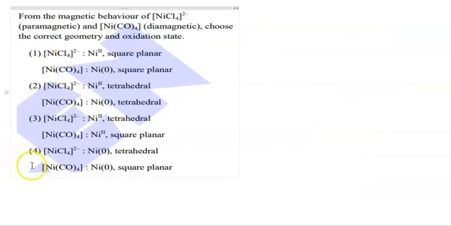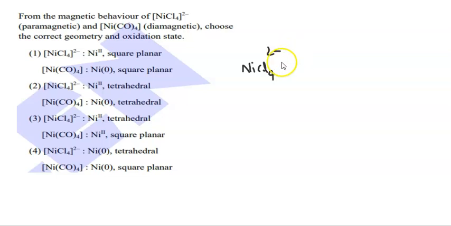From the magnetic behavior, NiCl4 2 minus is paramagnetic and Ni(CO)4 is diamagnetic. Choose the geometry of the given complexes along with the oxidation state. So we know that in NiCl4 2 minus, the nickel oxidation state is 2 plus, and it will be 4s0 3d8 configuration for nickel 2 plus.